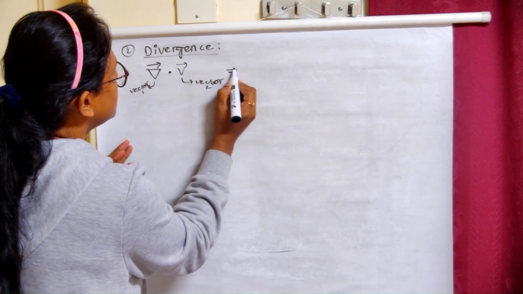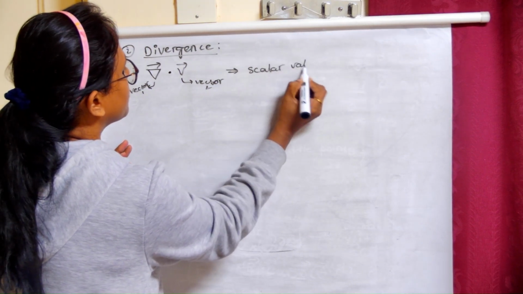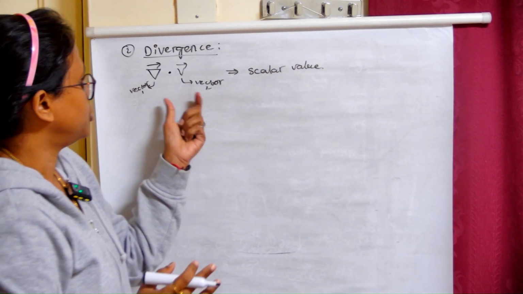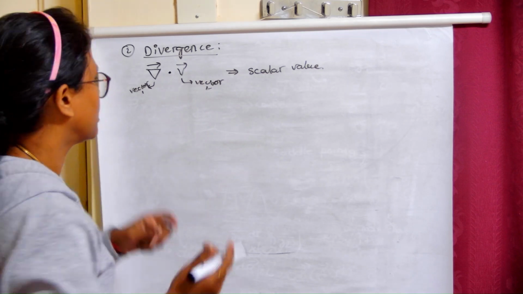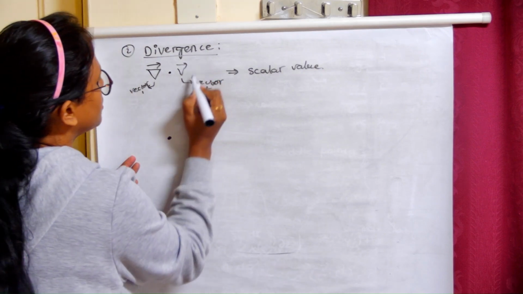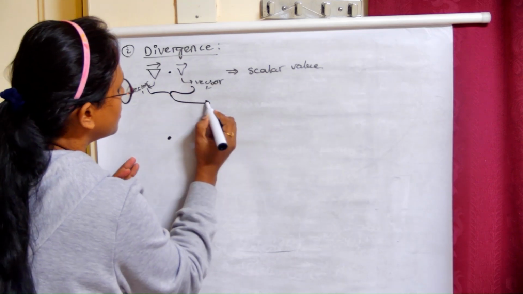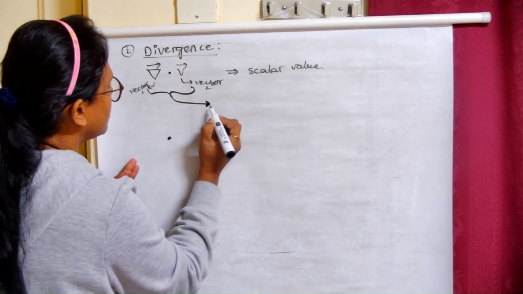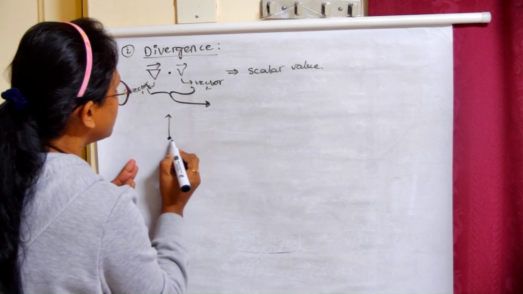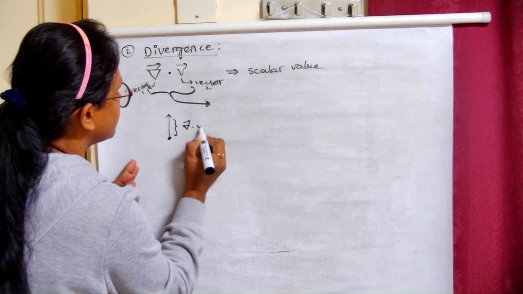So it will lead to a scalar value. What is divergence in real time? The divergence gives the quantified value of how a vector is diverging from a point. This is defined by the divergence.